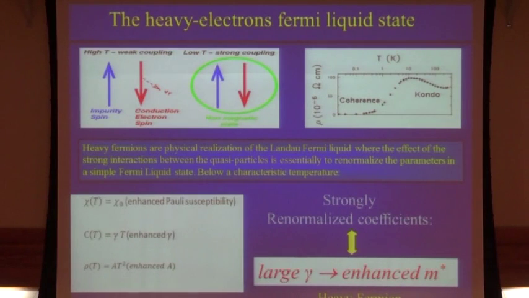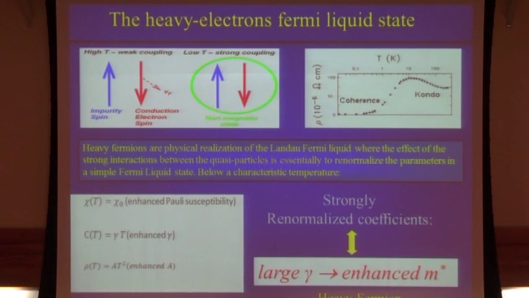So in that regime where you completely compensate your local moment, we have all the entropy of the F electrons in the conduction band. What you have here is a renormalized metal where all the temperature dependence follows a regular metal, but with renormalized coefficients.